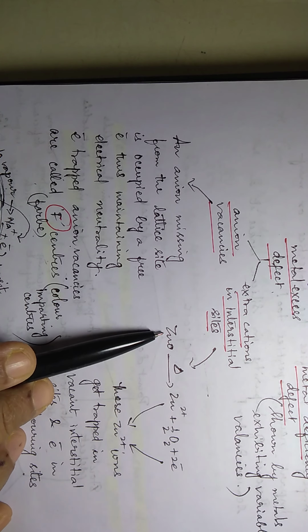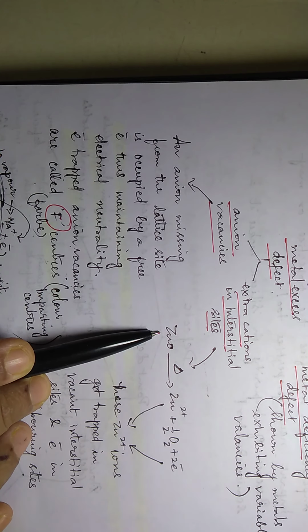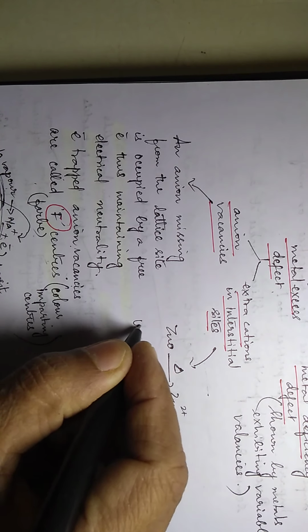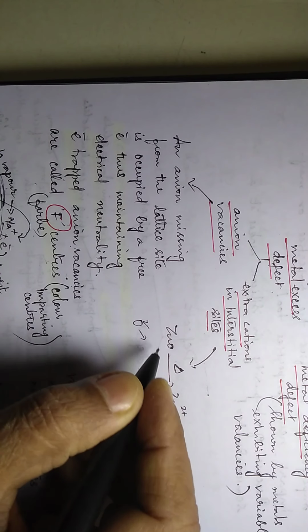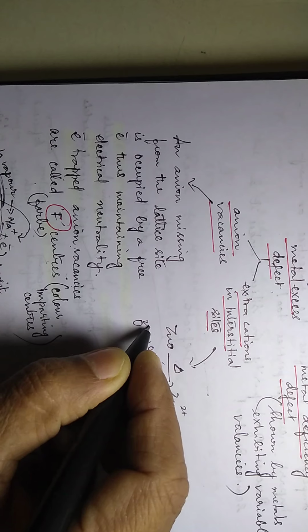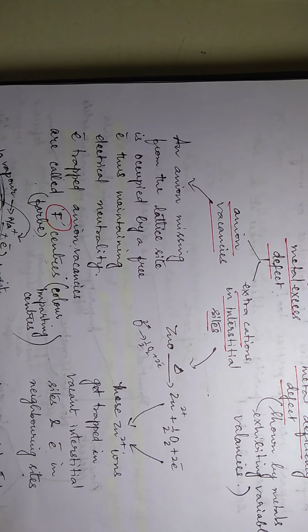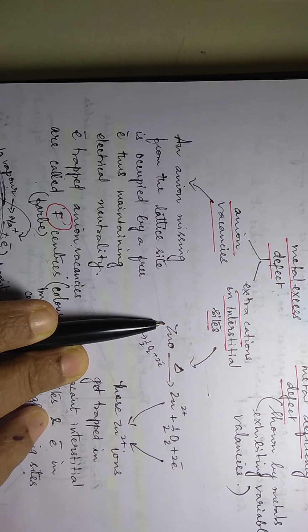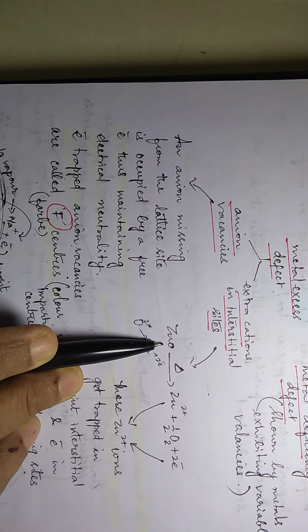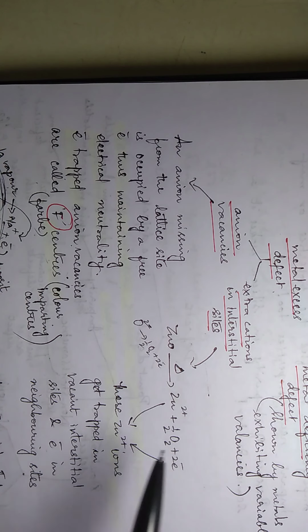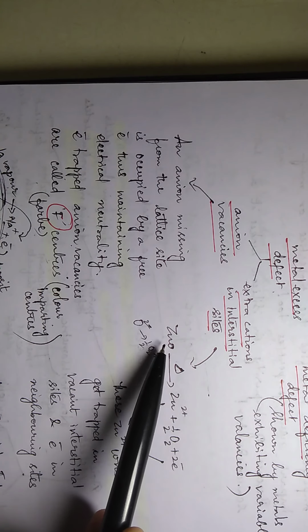So what is left behind is zinc 2 plus, and O2 minus is moving away as half O2 plus 2 electrons. Now these 2 electrons, and what is left behind is zinc 2 plus. This O2 minus has been converted into half O2. Now when you heat these zinc 2 plus ions, what happens?